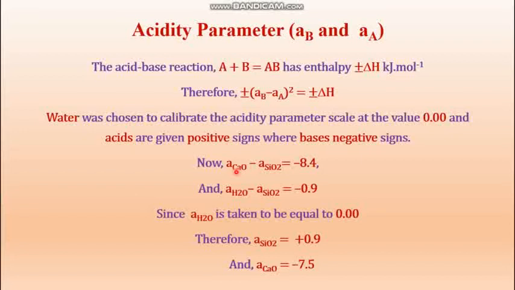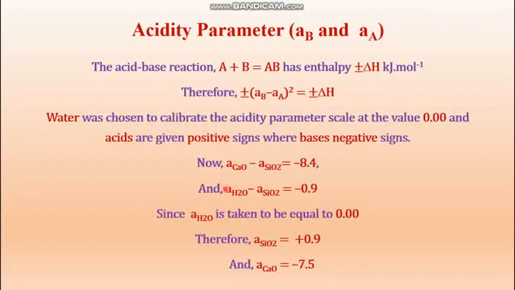So we need to have some standard data, some data which would calibrate them. So here water, the universal solvent, has been exclusively used, and its parameter has been arbitrarily taken to be 0. So if silicon dioxide reacts with water, then we have found that the aB minus aA value is minus 0.9.